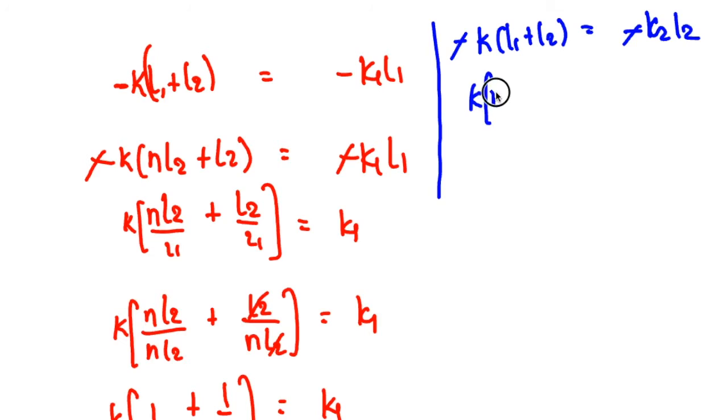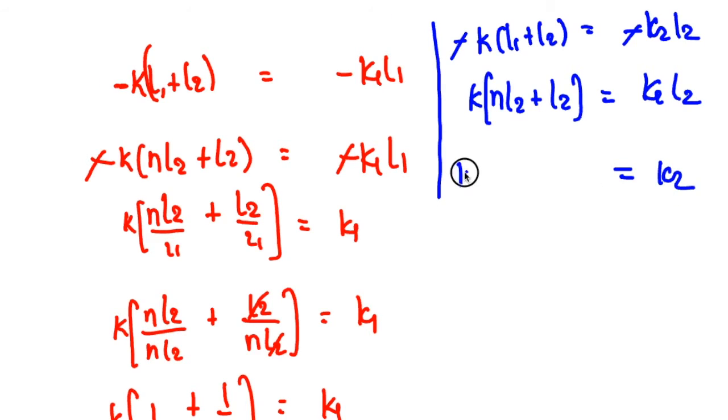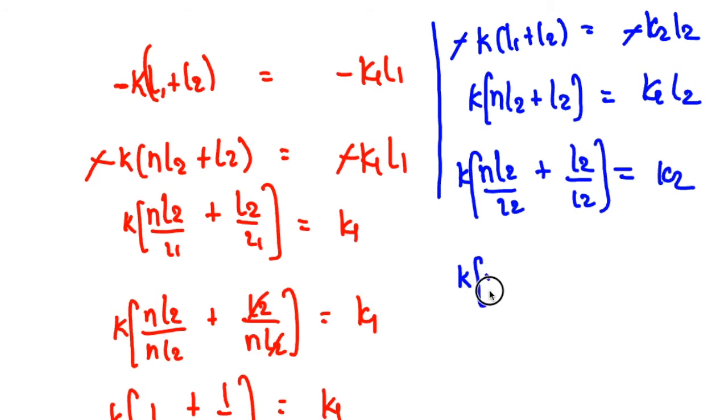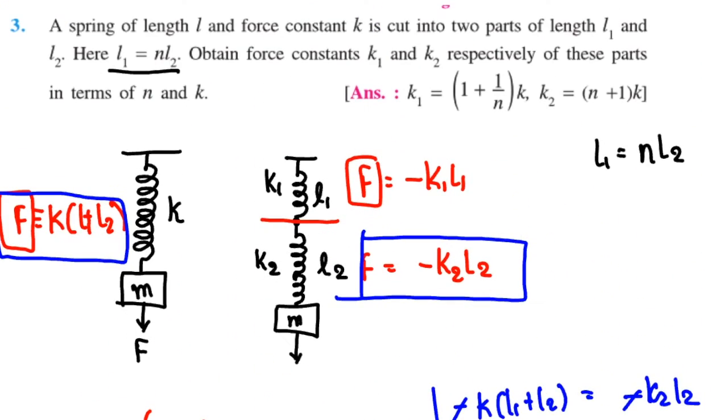So K (nL2 plus L2) equals K2 L2, and my L2 cancels, so K2 equals K (nL2 plus L2) upon L2, that is K (n plus 1), that is my K2. Hope you have got it. Next question.